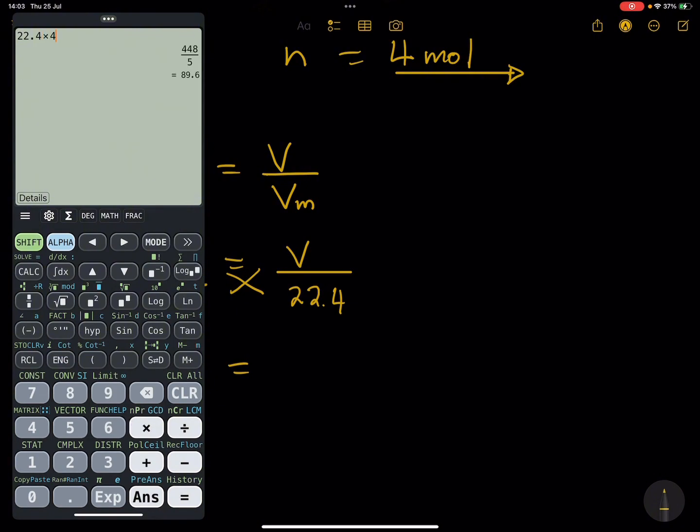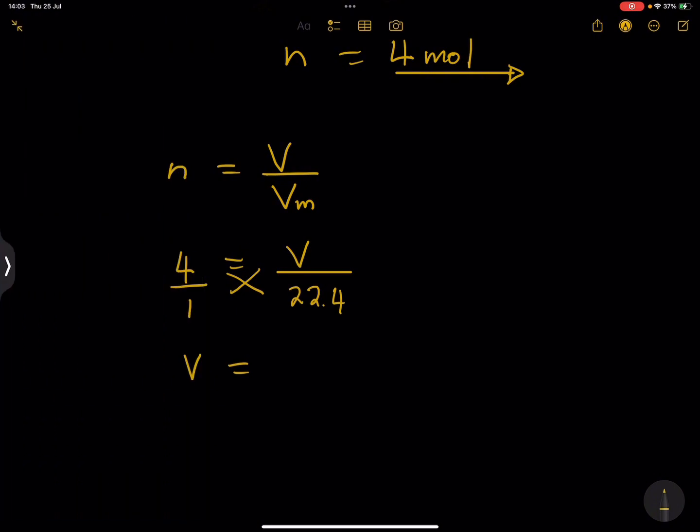That's definitely 89.6. And remember, in this case, we will measure that in cubic decimeters, right? And if it was given to us in, let's say, milliliters or cubic centimeters, then we would need to convert in that case. But we'll look at that another time.